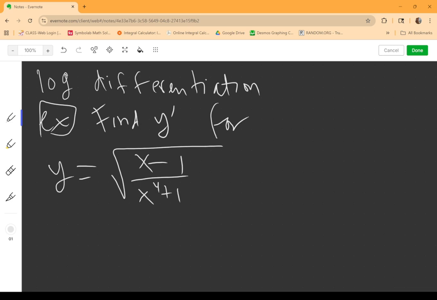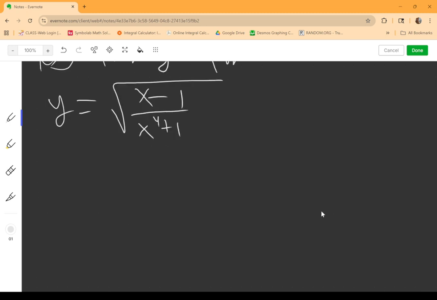The approach would be to start by taking the natural log of both sides. So we'll get something like natural log of y equals the natural log of, and here I'm going to rewrite this using rational exponent notation, to the 1/2.